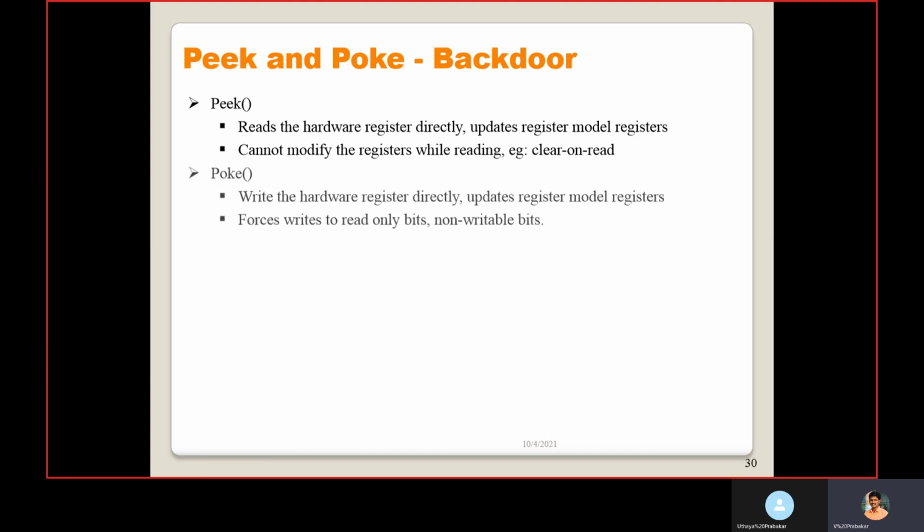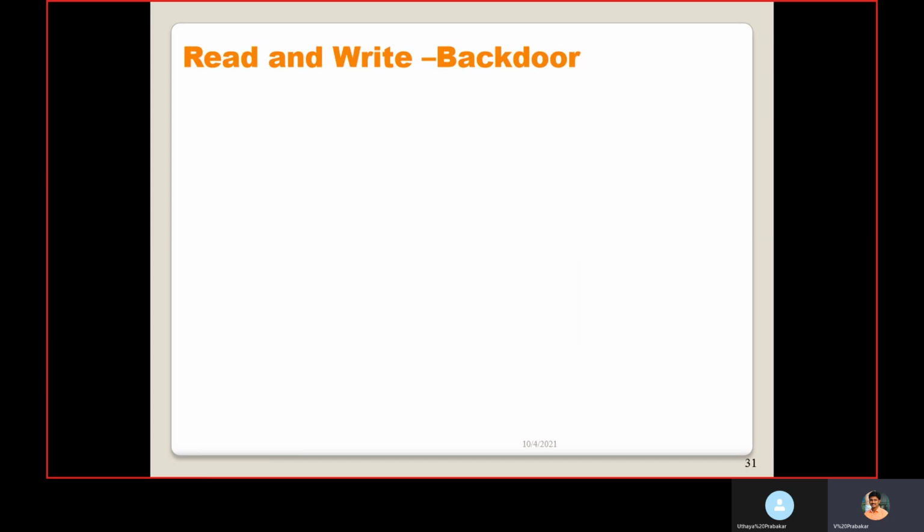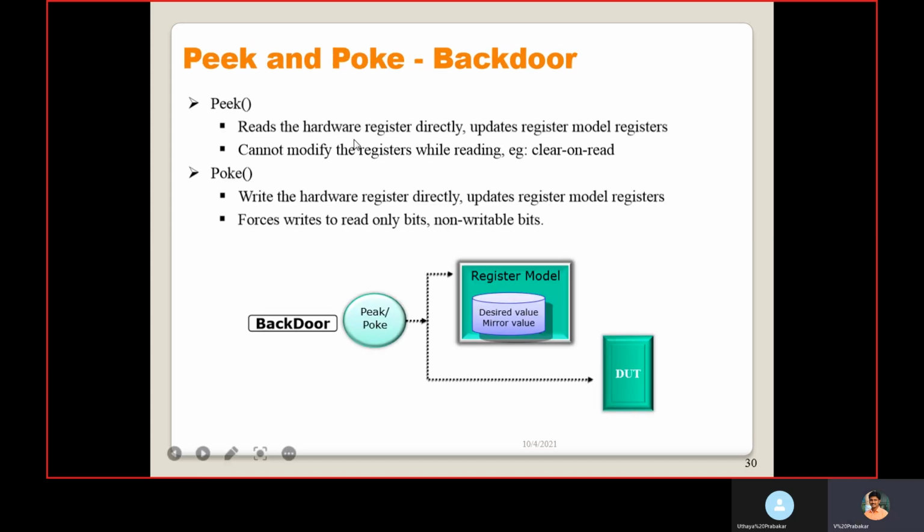Peek and poke are used in backdoor access. The peek method reads the hardware register directly. That means without any agent interface, we can read the register directly. Then it updates the register model registers.